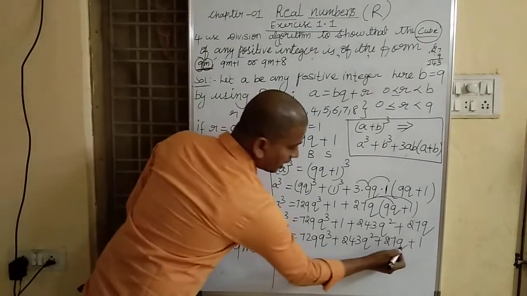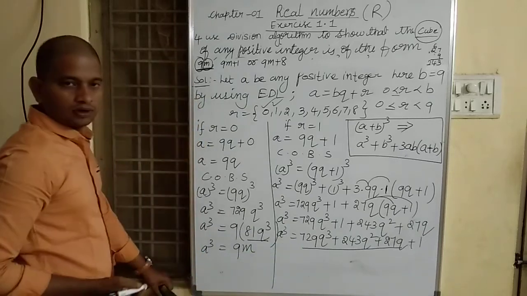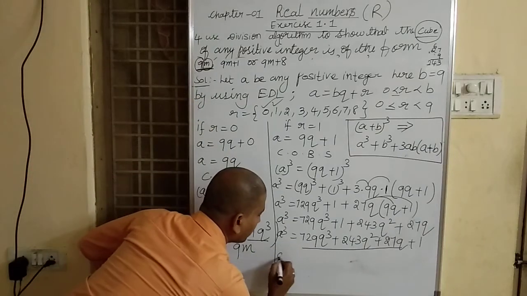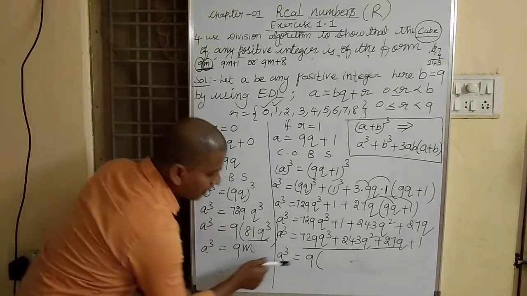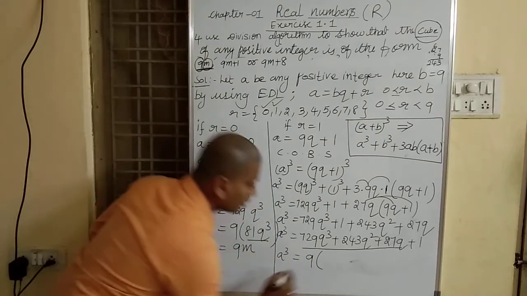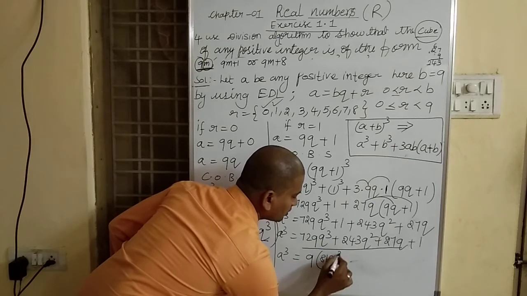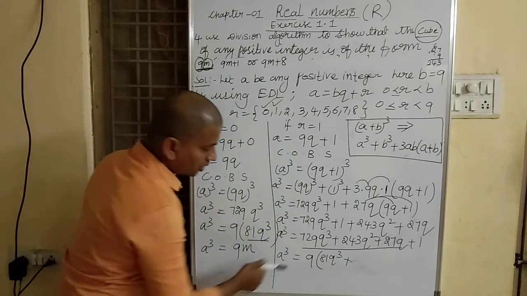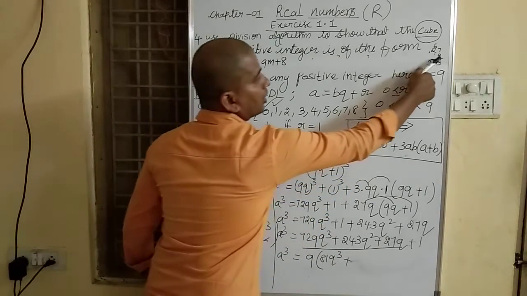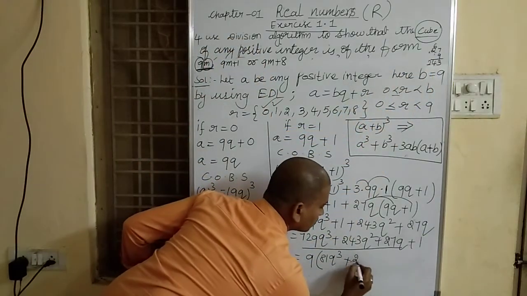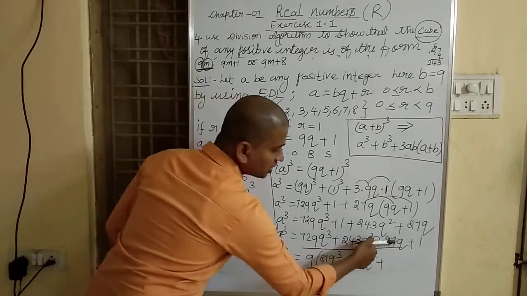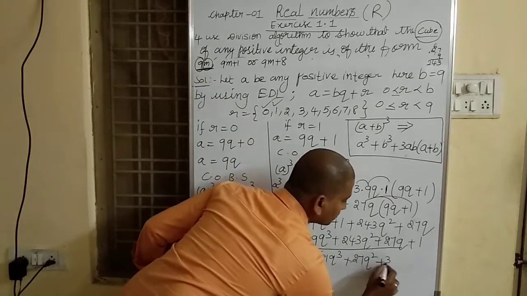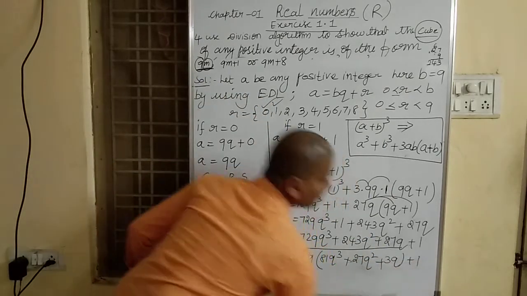See, from the first three terms, I can take 9 as common. If I take 9 as common, 9 times how much is 729? 9 times 81. 9 times how much is 243? 9 times 27. And 9 times how much is 27? 9 times 3, plus 1.